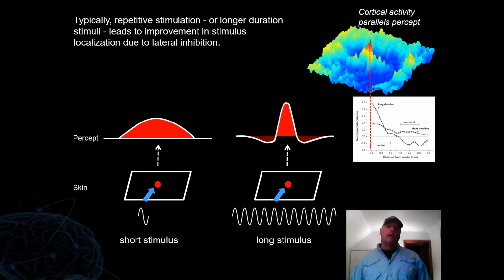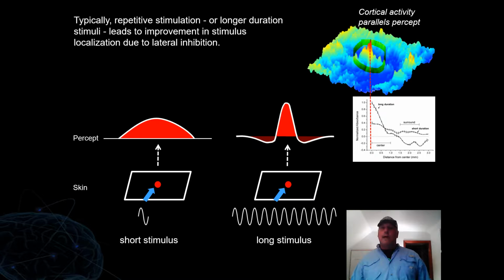So in the top right-hand corner, what you see is an actual pattern of cortical activity that's taken in response to a repetitive stimulation. So notice the peak activity, the red spot that you see. Well, let's see if we can put a circle around it.